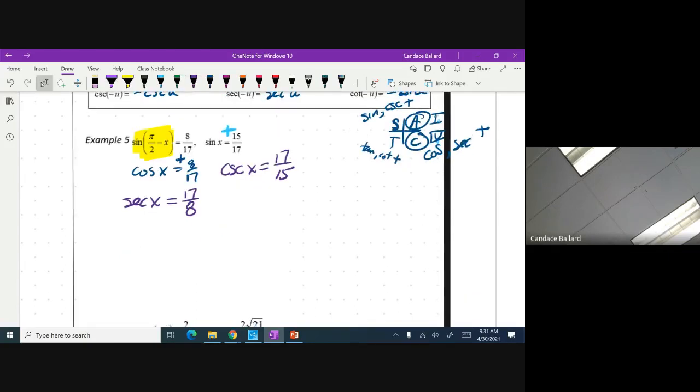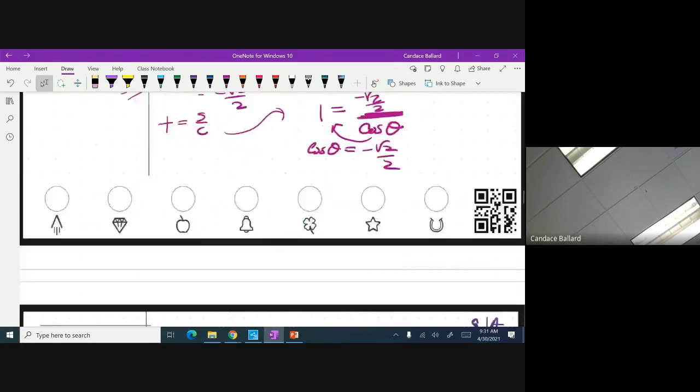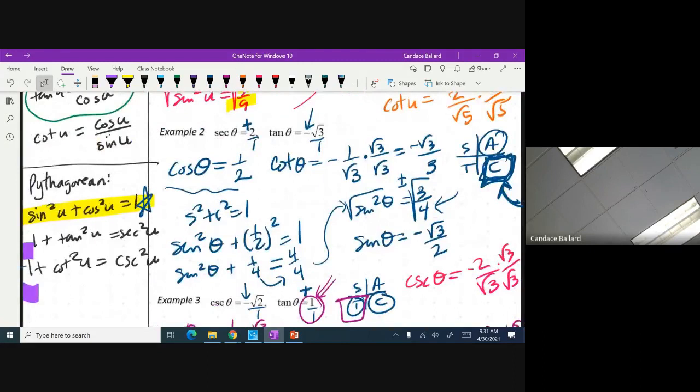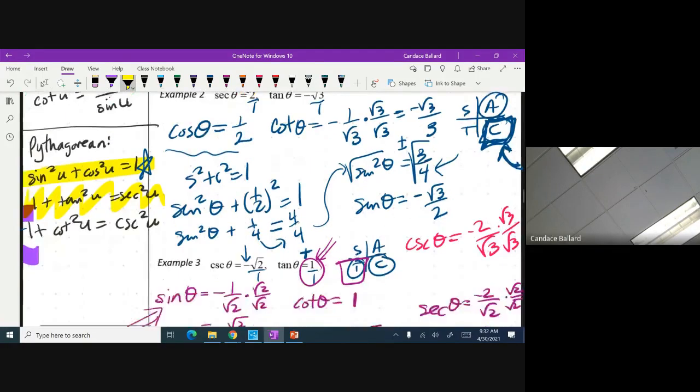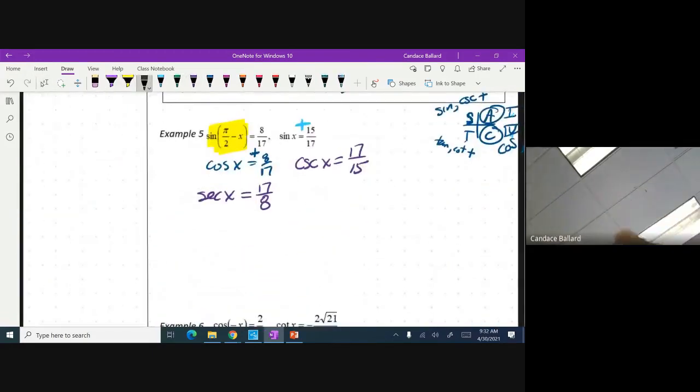All right. So if I'm going to do Pythagorean, I need to find something that has a tangent in it. So I'm going to go back up and look at my identities from yesterday, or you can look at the pink sign if you're here in the classroom. That one has a tangent in it. So I'm going to use 1 plus tangent squared equals secant squared. Sometimes I'll just write out what the formula is really quick. 1 plus tangent squared equals secant squared.